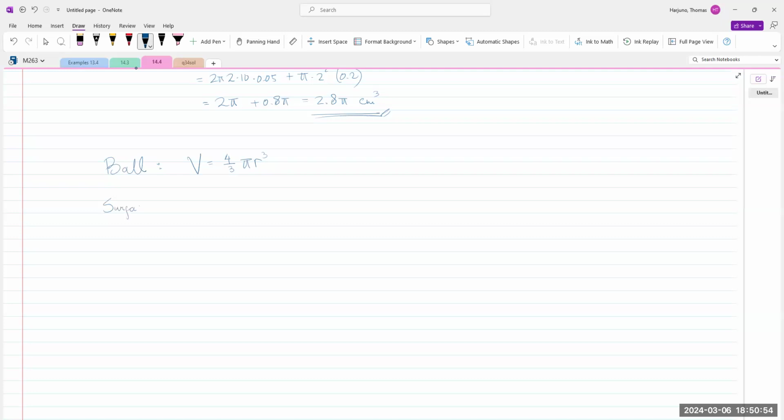Surface area. We know the surface area of a sphere is 4 pi r squared, which, if you think about it, imagine if you have that ball, okay, and then you paint it. It's basically change of volume, right? Okay, but it is a single variable.